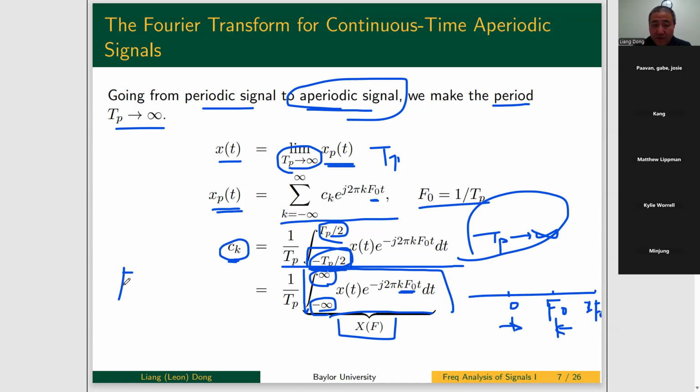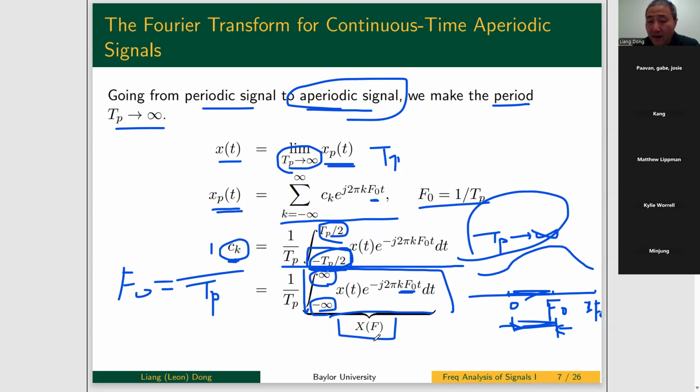F naught is 1 over T sub p. It will approach 0, but it's not exactly 0. Mathematically, we can say that's an infinitesimally small quantity, right? So this gap will eventually close. If you think of all these discretized signals, if the gap is closing, you will have a continuous function in the frequency domain as well.